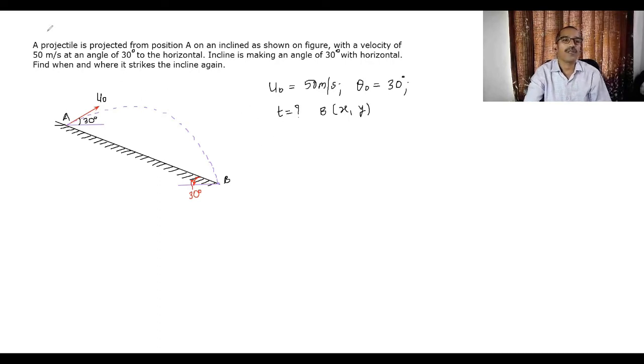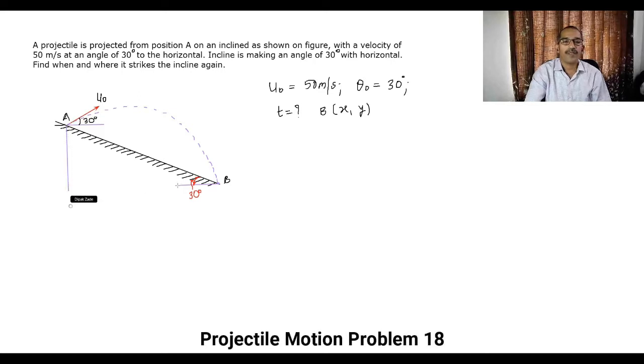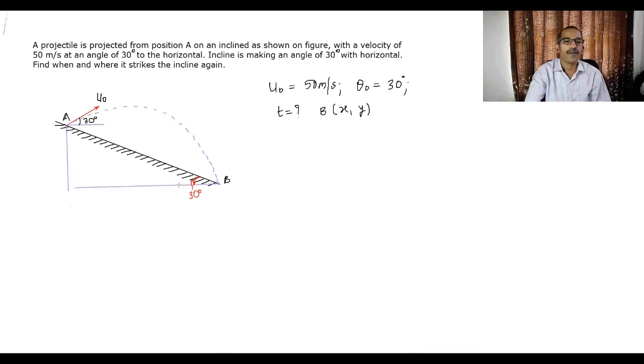Now what we'll do here is construct a triangle first so that you'll understand properly. See here, from A, I'll draw a vertical line. From A, the initial point of projection, and from B we'll draw a horizontal line. That means I constructed a triangle here.